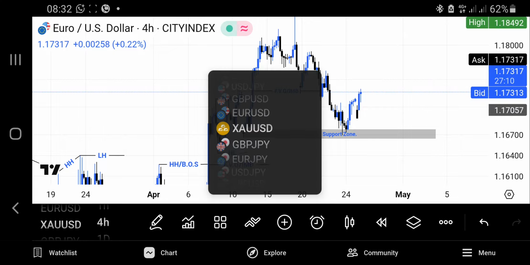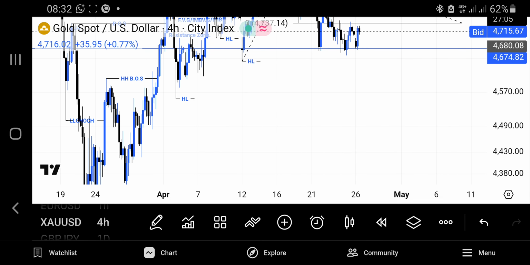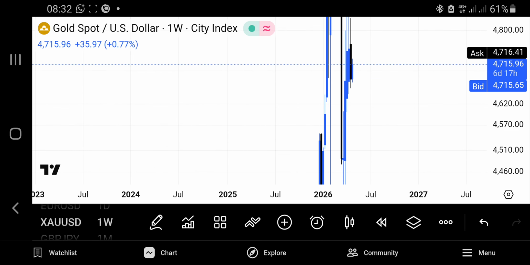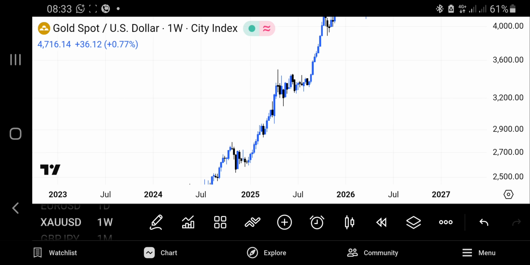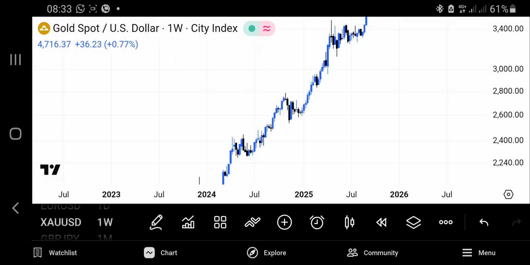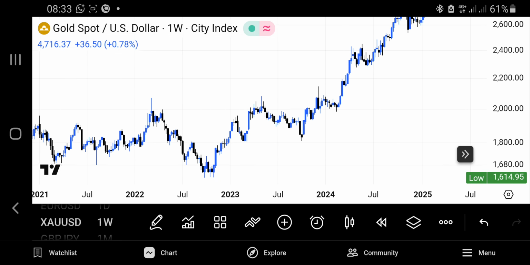Then last but not the least, gold. Let's go to the weekly. Gold is in a strong uptrend move since 2023.